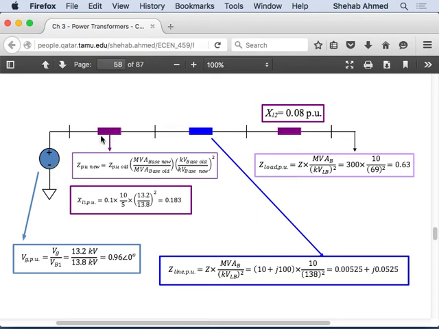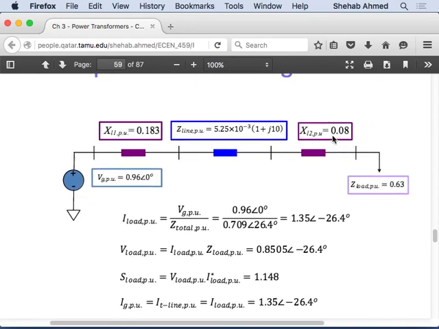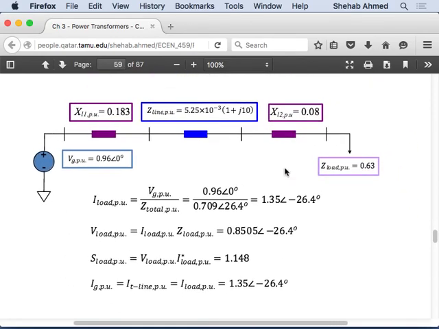Right, so I drew up the circuit, and now I have a simple circuit. I can find the current. Basically, it's the voltage divided by all the impedances that are in series. So find the current in per unit. That's what we have here. And then they ask you for the load. Since we have the current in per unit, I can calculate the load voltage in per unit, which is the current times the impedance in per unit.